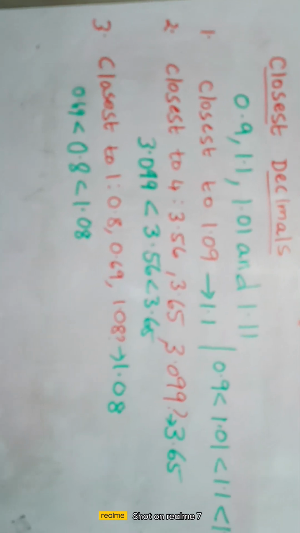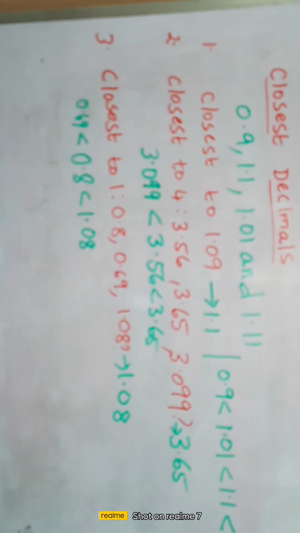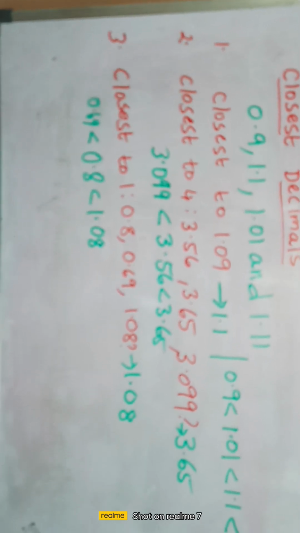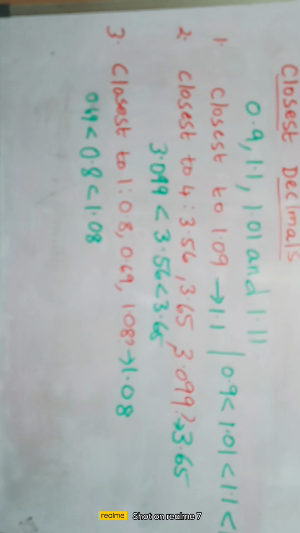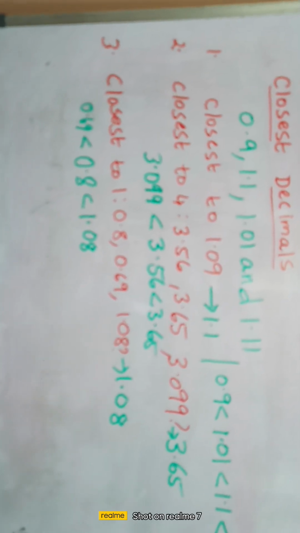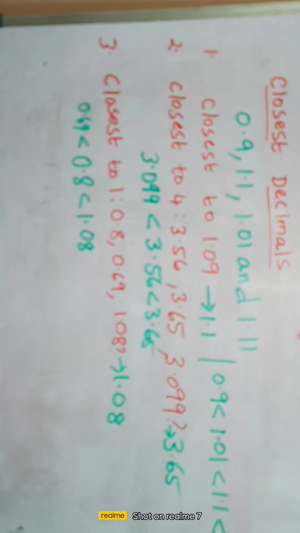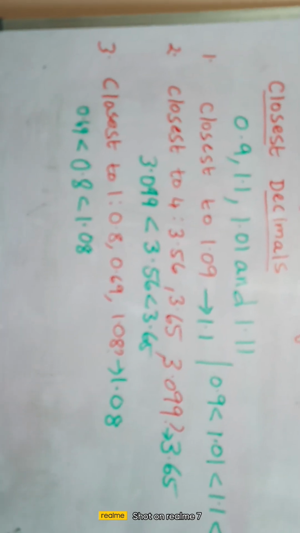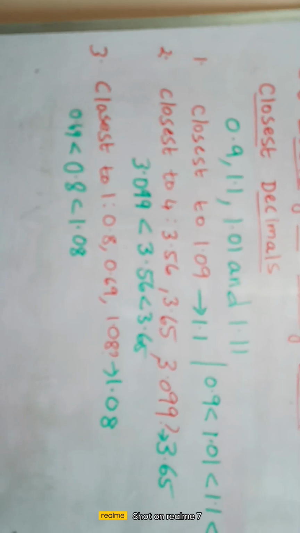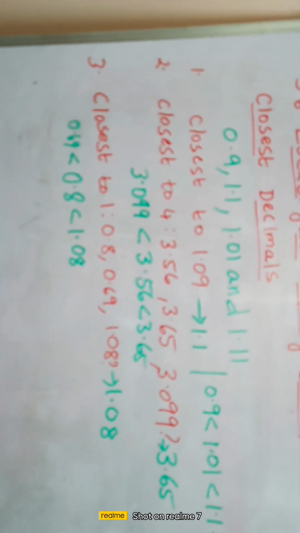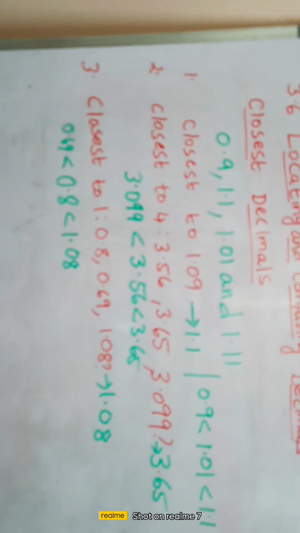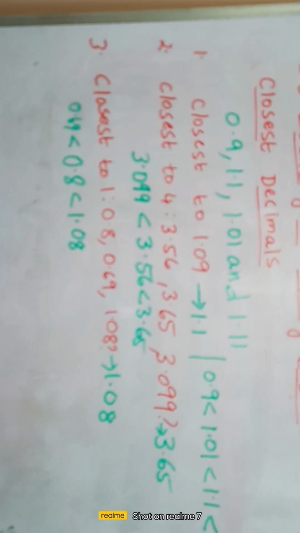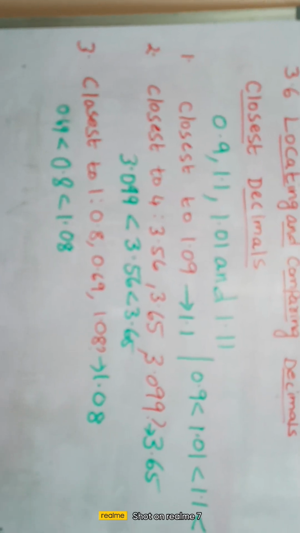3.65. Next, closest to 1: 0.8, 0.69, 1.08. Which decimal number is closest to 1? 1.08, because 0.69 is smaller and 0.8 is also less than 1, and nearer to 1 is 1.08, because after the decimal the 0 is there, so it is considered basically 1 only.